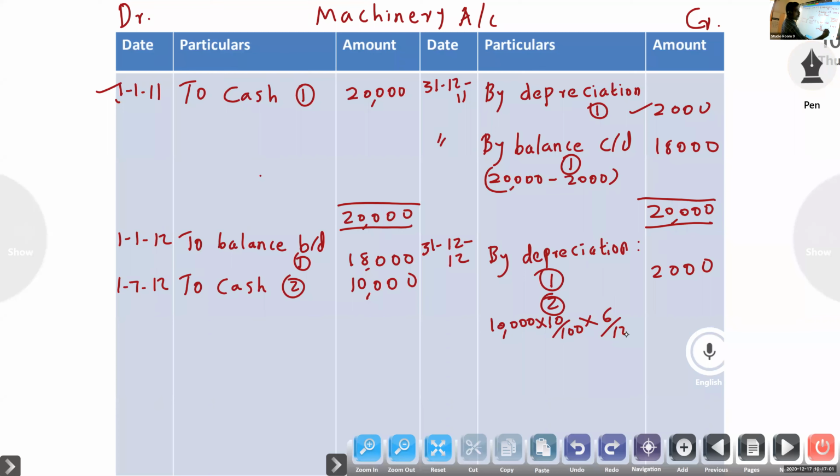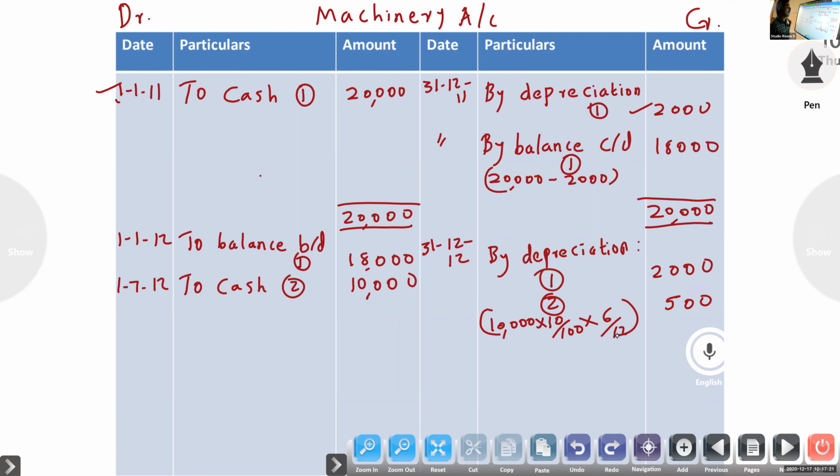Okay, so 500. Clear? This year we used the second machinery only 6 months. That's why 10,000 into 10% into 6 by 12. But next year onwards, the second machinery depreciation should be 1,000.